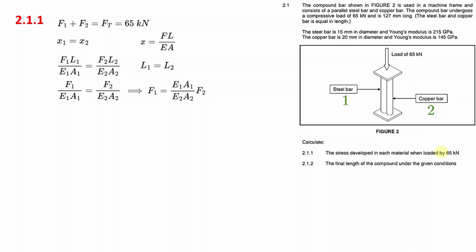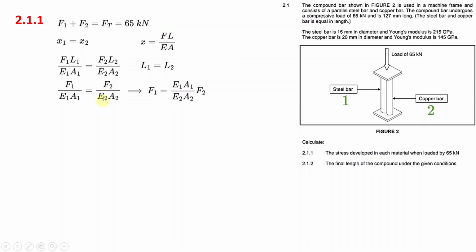So we need to find F1 and we need to find F2 because the equation for stress is force divided by cross-section area. So for you to be able to find the stress, you need to know what the force is. We already know what the cross-section areas of these two bars are, but we do not know what are the forces in the steel and in the copper. So we need to find that.